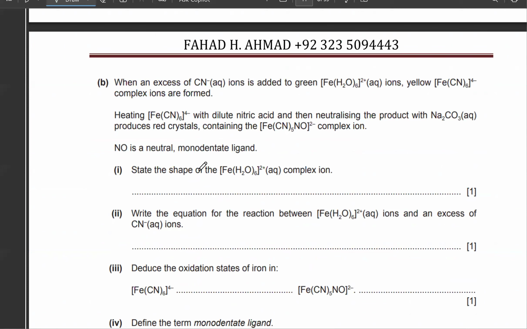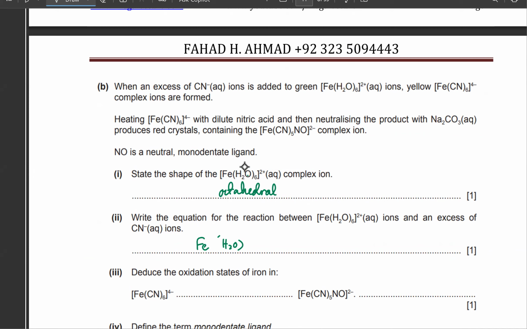Now state the shape of this complex. Six ligands, so that's octahedral. Write the equation for the reaction between Fe(H2O)6 and an excess of CN ions. So it's Fe with six H2Os, and there's CN ions coming in.